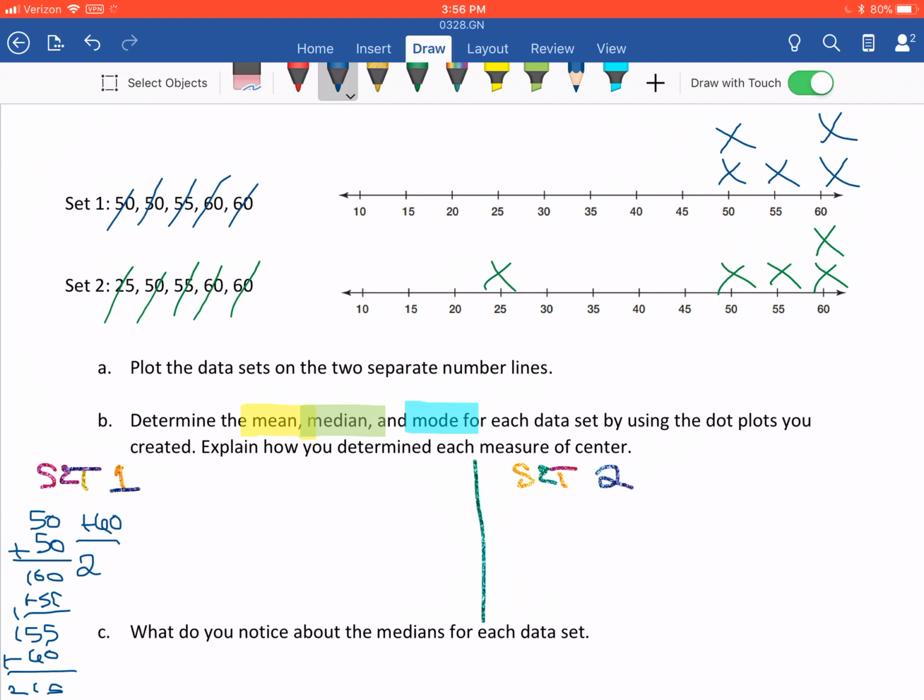Now I need to divide it by how many numbers I added up. So I need 275 divided by those 5 numbers I added up.